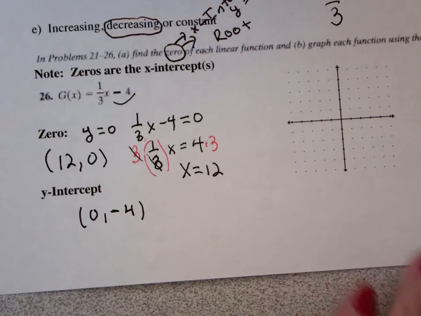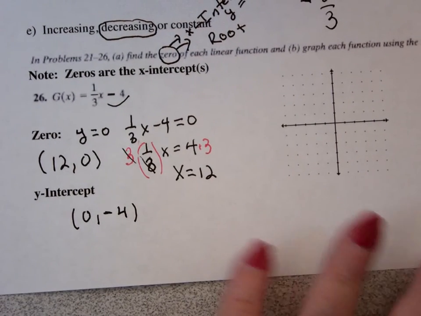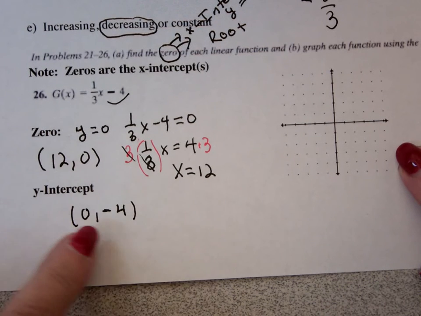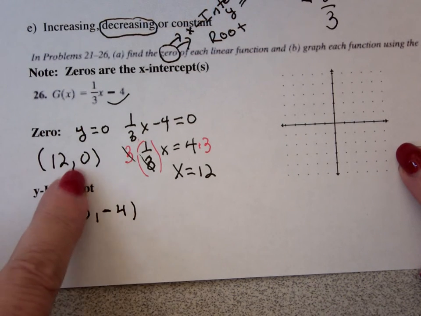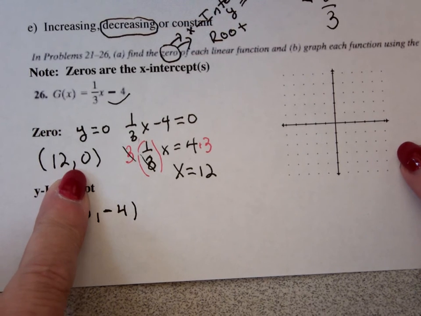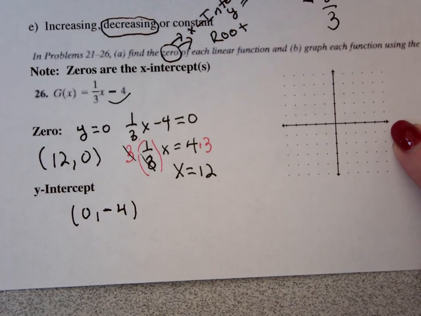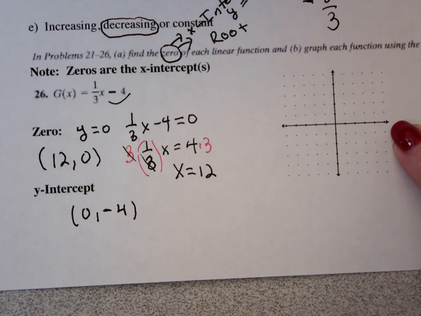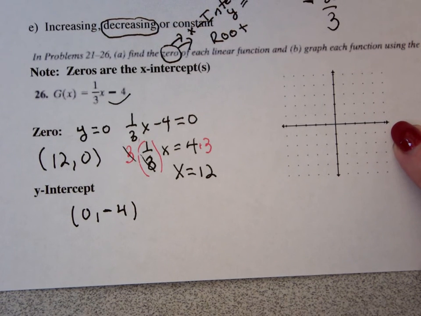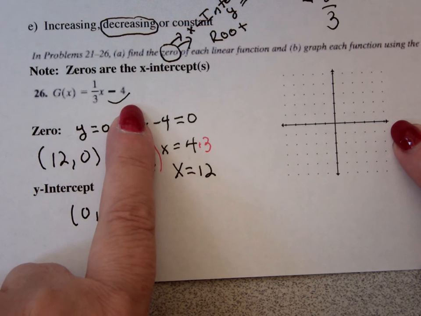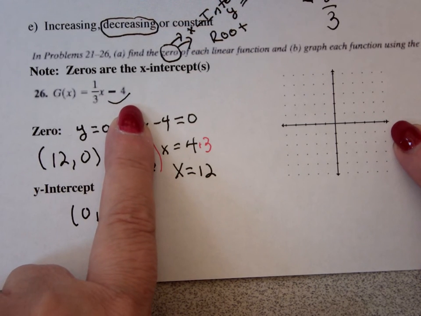Now I'm going to do the same thing with the graph. Even though I've got two coordinate points, 0, negative 4, and 12, 0, and I only need 2 points, my graph paper only goes to 5. So that means I'd have to scale it. But in the form 1/3 x minus 4, I could just use the slope-intercept method of graphing.